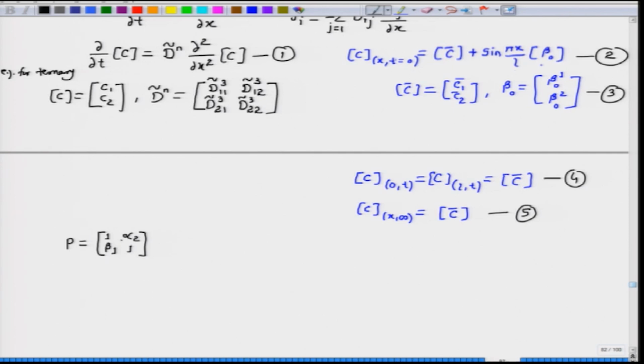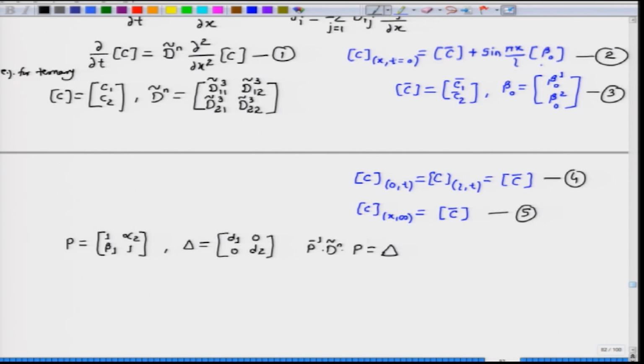And for simplicity we write the eigenvectors such that the diagonal elements are normalized to 1, and delta is a diagonal matrix of eigenvalues of D tilde, and we know that P inverse times D tilde times P gives us the matrix delta.